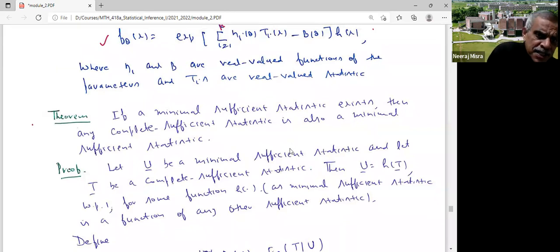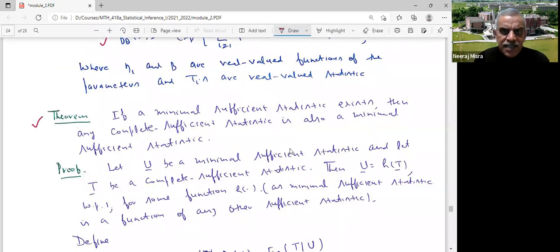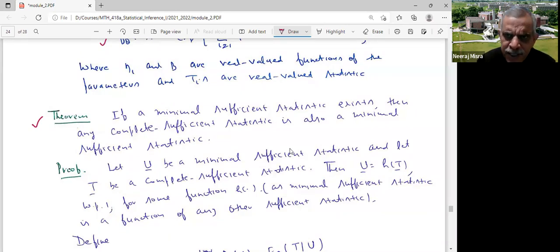Now let us come to this result, which is very interesting. It says that if a minimal sufficient statistic exists, note that I have said that a minimal sufficient statistic in general may not exist. Although examples where a minimal sufficient statistic doesn't exist are very rare and very complicated, for theoretical interest one should know that it may not exist.